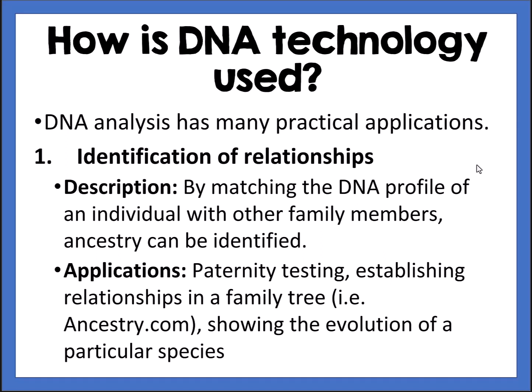Applications of this include paternity testing, establishing relationships in a family tree, like in 23andMe or Ancestry.com, and showing the evolution of a particular species. So how are different animals related to each other based on how their DNA matches up.